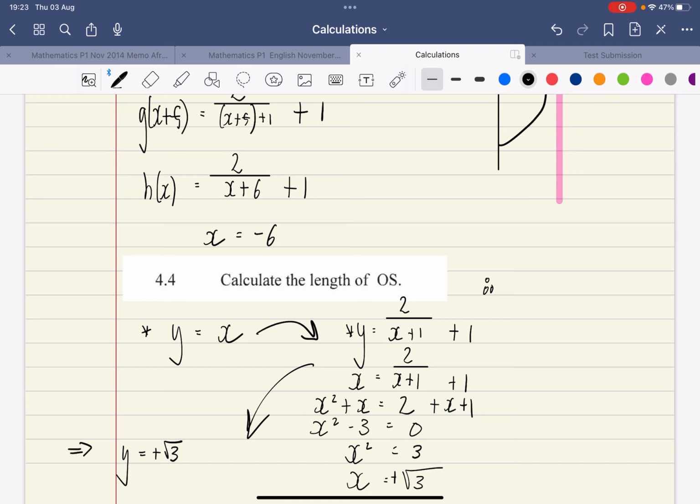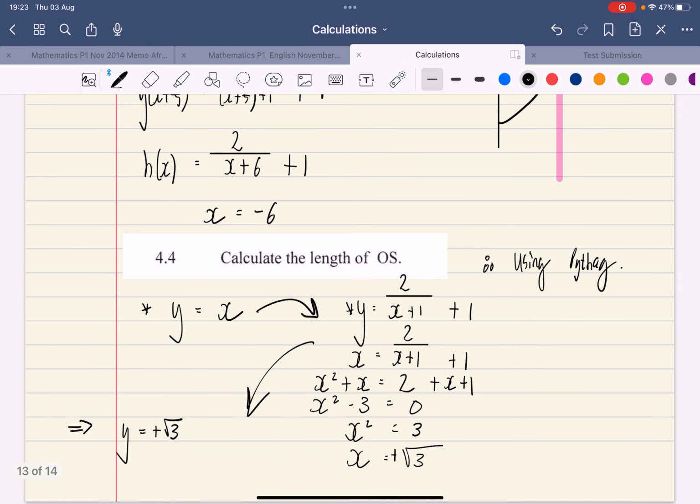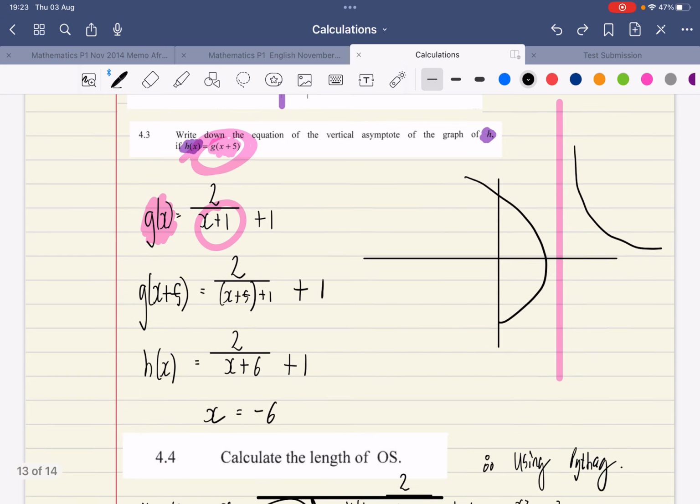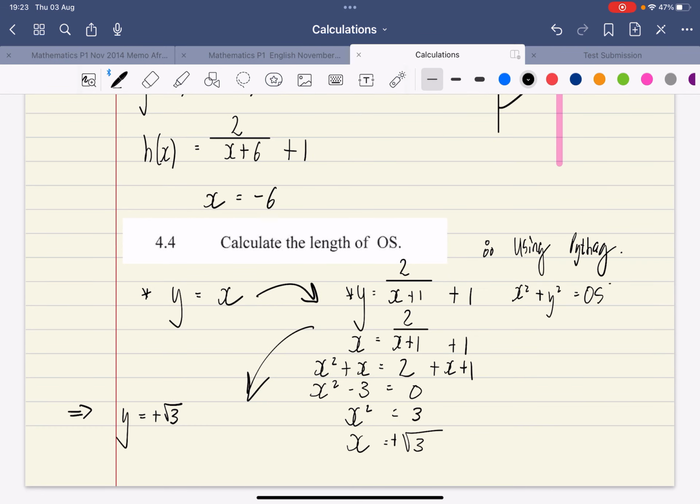Therefore, using Pythag, and you don't have to say this, but it's just good to see it, we can say x squared plus y squared equals, and what is this line over here? OS squared. x is root 3, so that's just 3. y is root 3, so that's just 3.